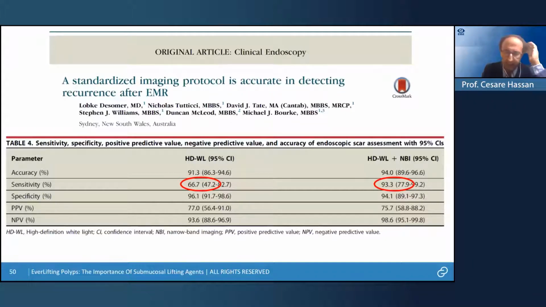This is a very nice paper showing that when we pass from white light in high definition to a blue light, in this case NBI, the sensitivity increases from an unsatisfactory 67% to an outstanding 93%.